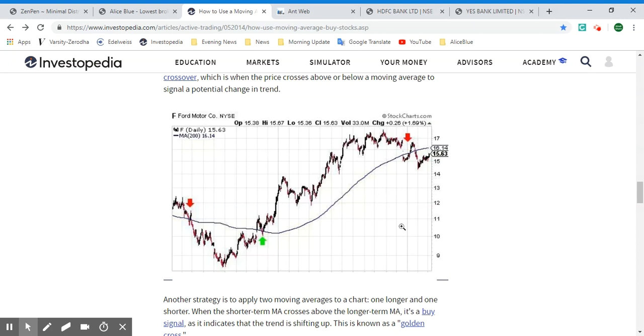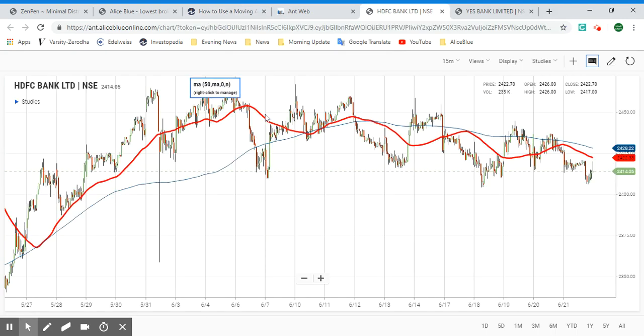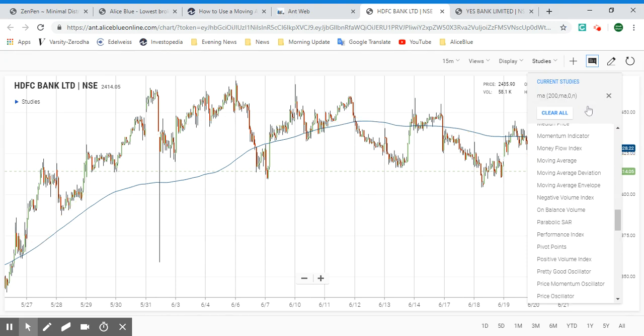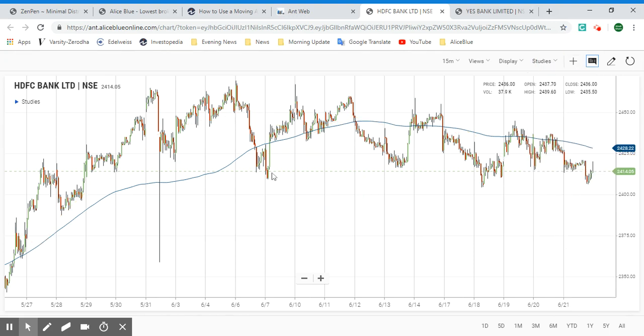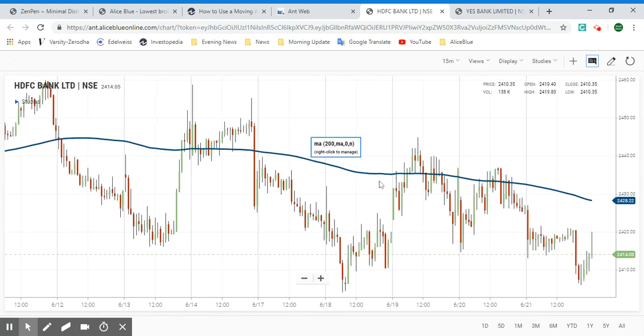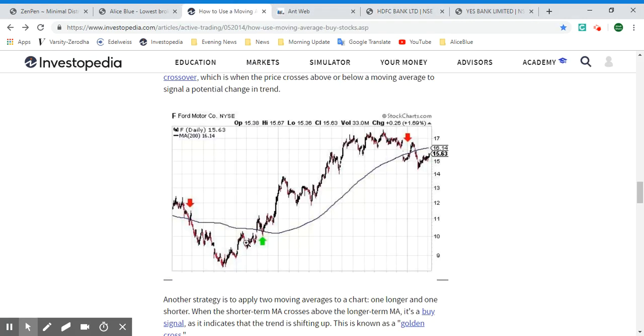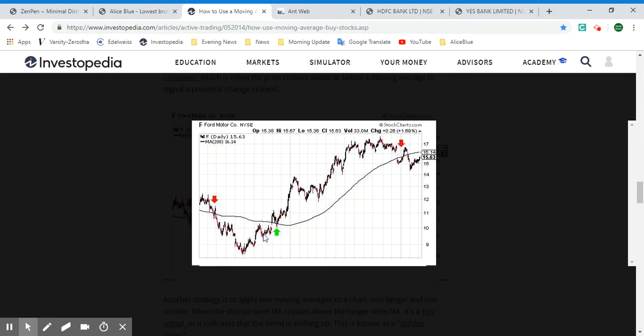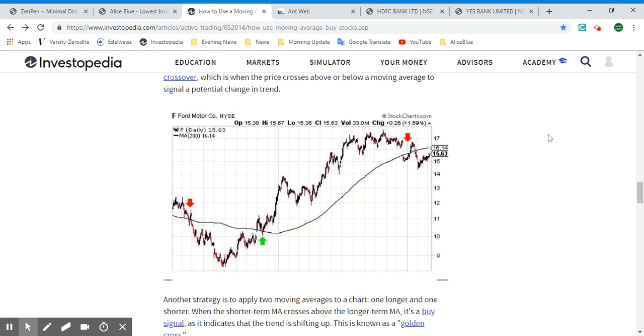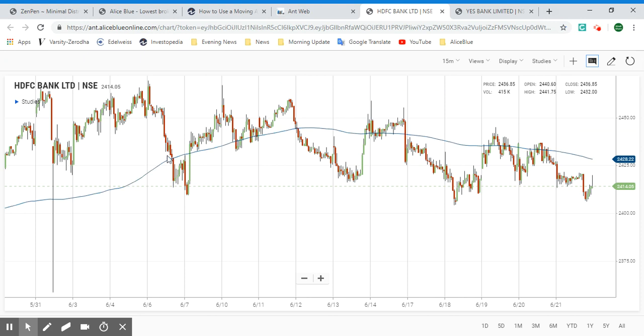So let's apply this to the chart. Let's remove the 50-day moving average, and this is just the 200-day chart. When it crosses above, this is the buy signal and this is the sell signal.